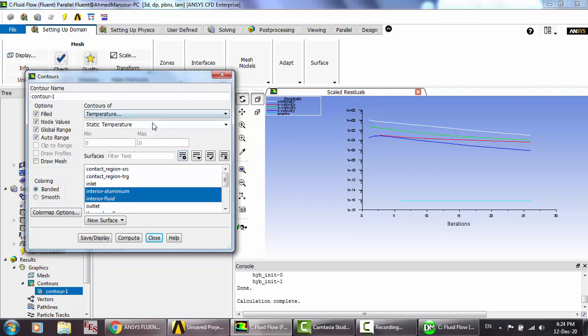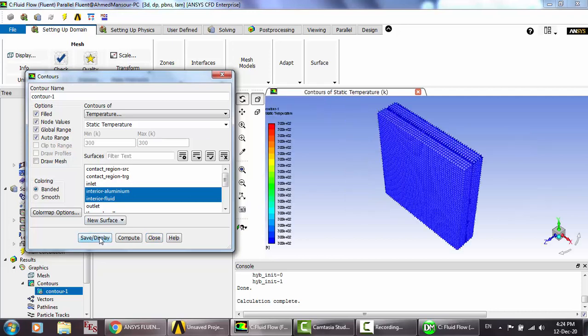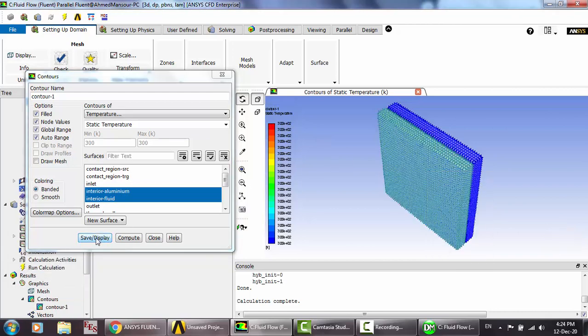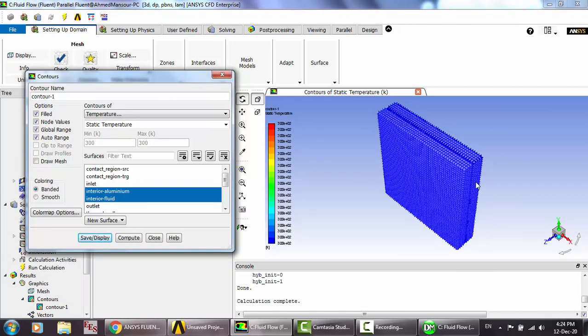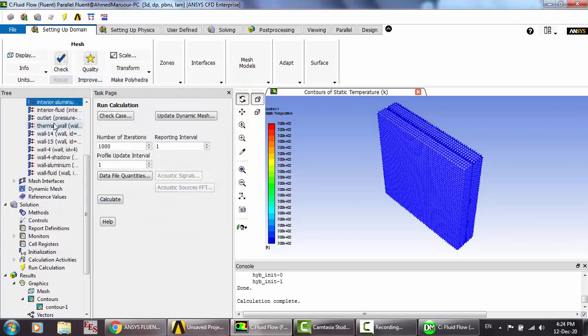When we want to see the temperature for the interior, as you can see, any temperature here is just 300 Kelvin. Why? Because there is no heat transfer between the aluminum and the air duct, because the air enters at 300 Kelvin and no heat transfer. So this means that the aluminum will take the temperature of the air duct. Okay, so this is the very easy case.